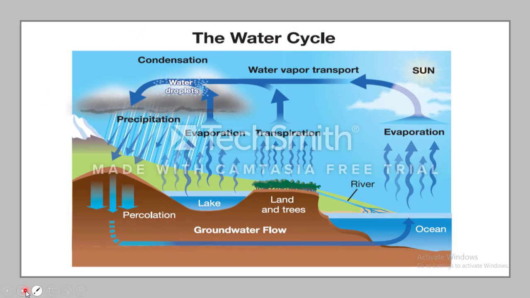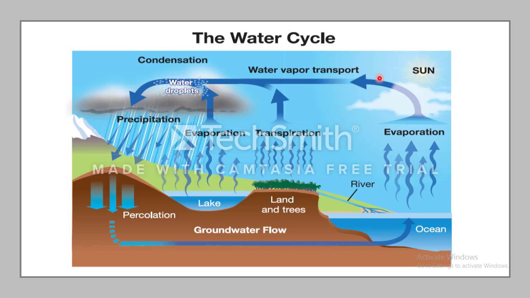Here is a visual of the entire water cycle, including all of the processes. You can see that the sun provides energy to the ocean or the surface of the earth where water sits, and it evaporates that water. The water is going from a liquid to a gas as it evaporates.